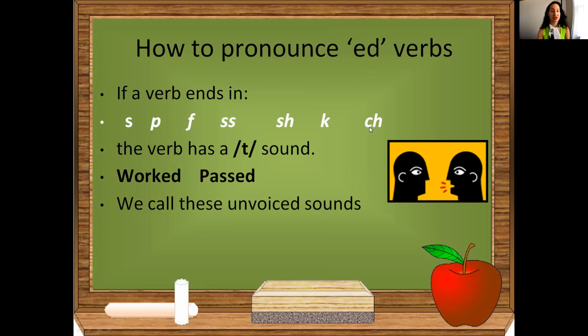Ch, ch. So if the verb ends in these letters, the sound has a T sound. For example, worked, not "work-ed", worked. Passed, passed. Repeat after me. Worked, passed. We call these unvoiced sounds.